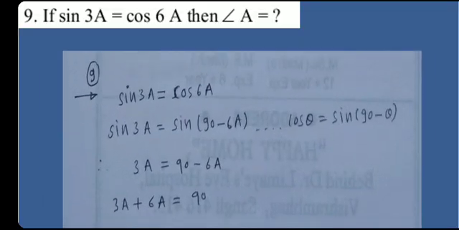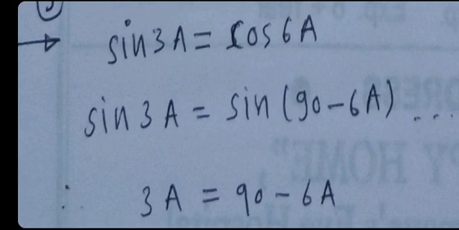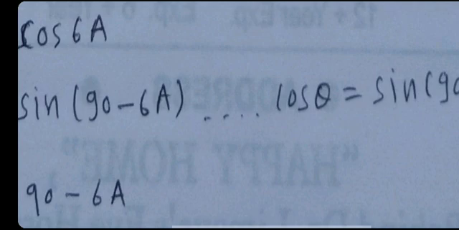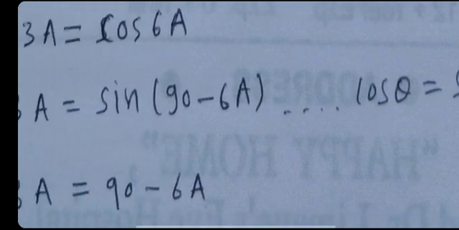Next: sin 3A is equal to cos 6A, and what is the value of angle A? So what is given is sin 3A is equal to cos 6A, but we have one formula, cos theta is equal to sin (90 minus theta), so use the formula here.